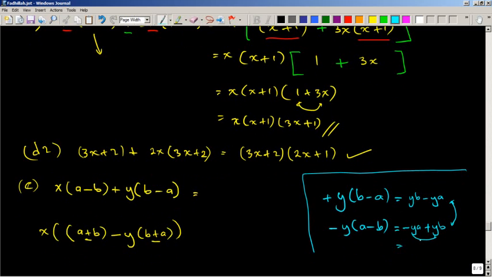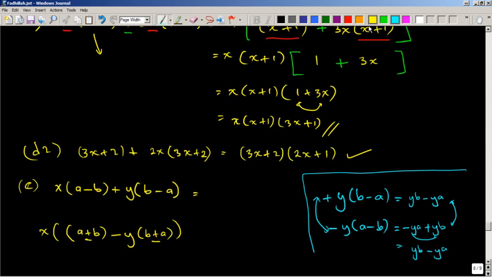If you switch sides, then it becomes YB minus YA. They are the same, right? You manipulate a little bit, and you get the same answer. So these two are the same. Plus Y becomes minus Y, and B minus A becomes A minus B, reversed.